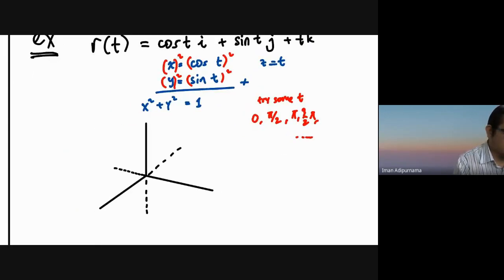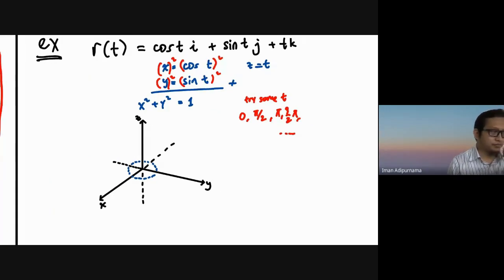So let me draw a circle like this in the xy plane. So this is my z, this is x, this is y. Okay, let's start from t equals 0.